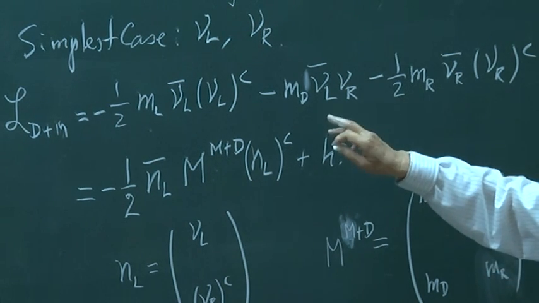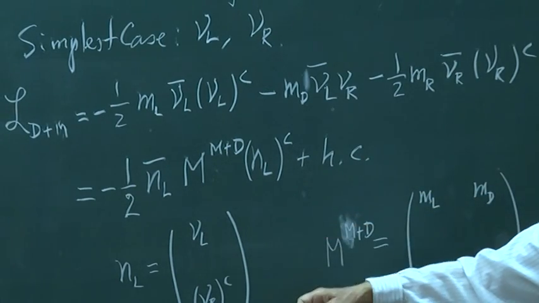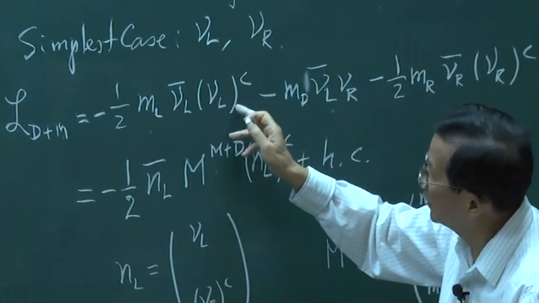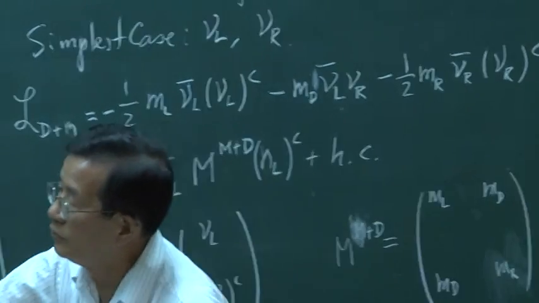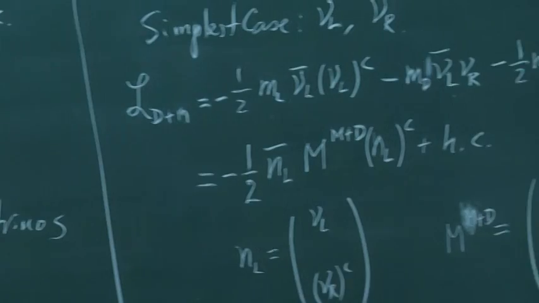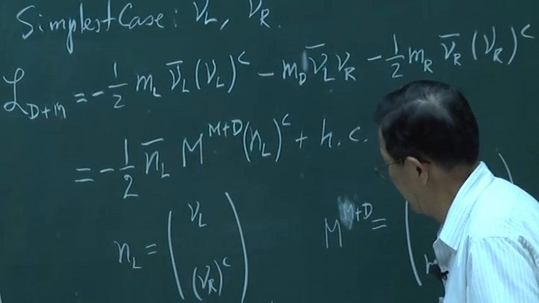I did not show you how you get from here to there, but you can work it out using this form and the connection between the charge conjugation field and the original field. You can actually show this very simply.